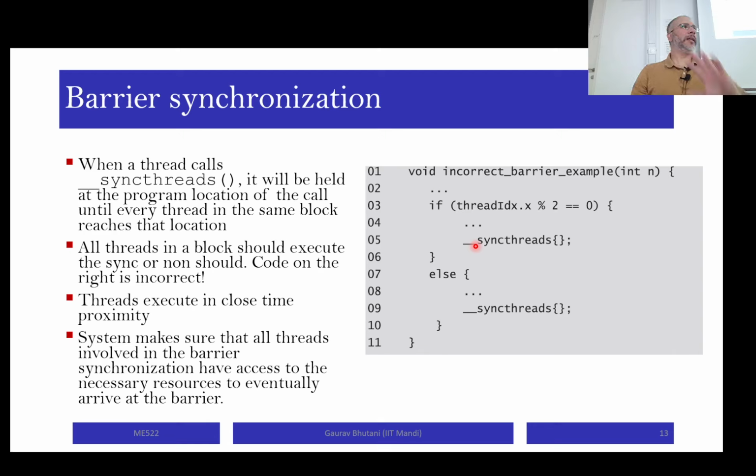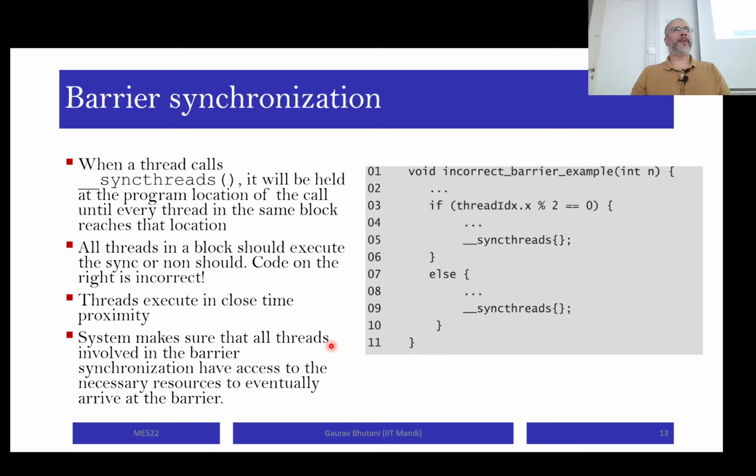So typically in GPUs all the threads in a given block have to report to the barrier call that you have. If you have a call for a single thread in a barrier, all the threads have to report to that barrier. And the reason we have these threads in a block reporting to a barrier is because they are closely spaced with each other in terms of time and space.